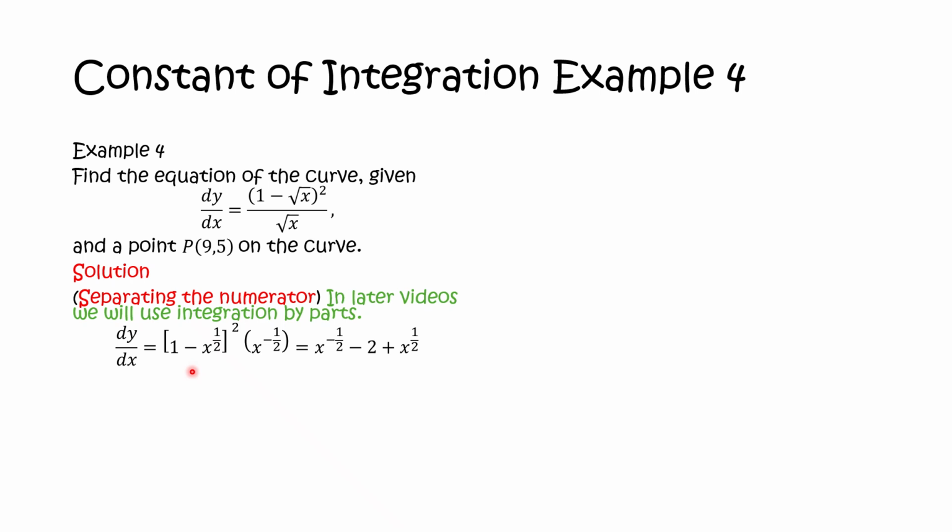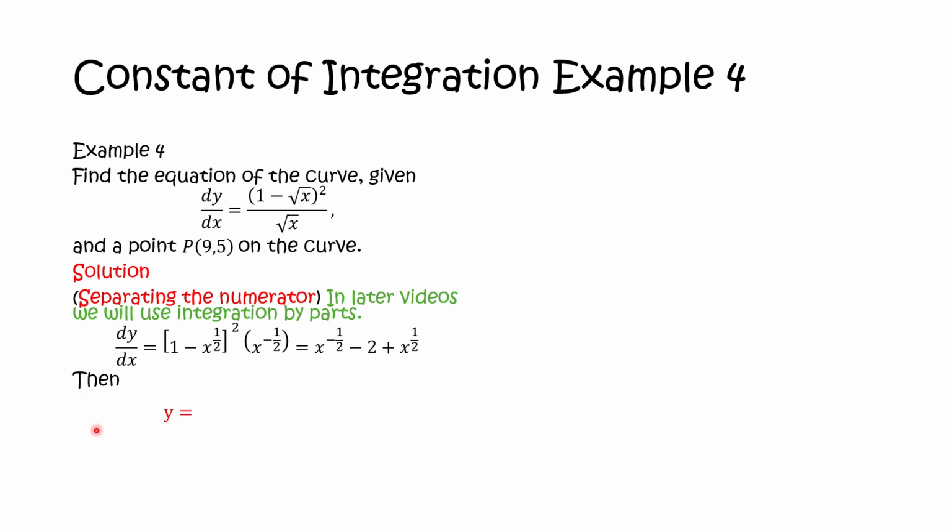So if we do so, we are going to have dy dx given in that form. Recall from the laws of indices that 1 over root x becomes x to the power minus half. And then when we multiply the square bracket or parenthesis times the x to the power minus half, eventually we would have dy dx being x to the power minus half minus 2 plus x to the power half.